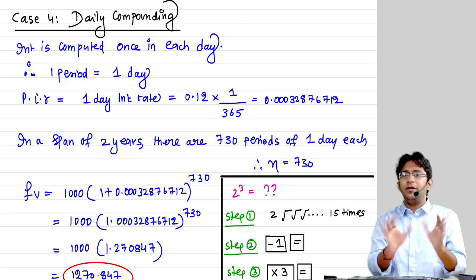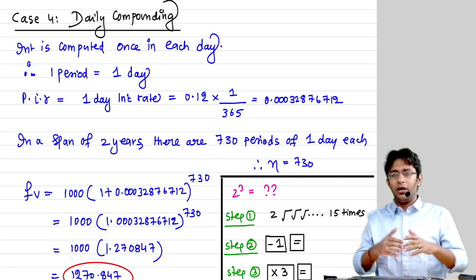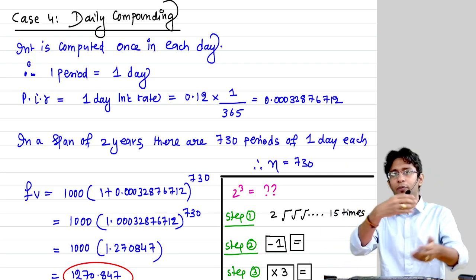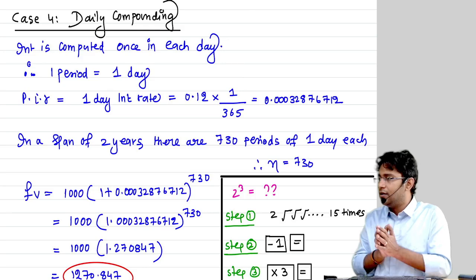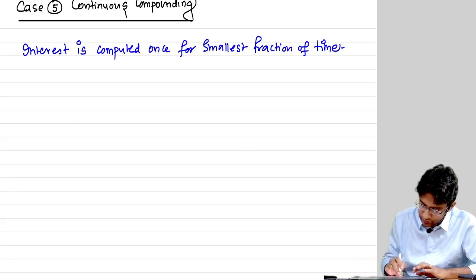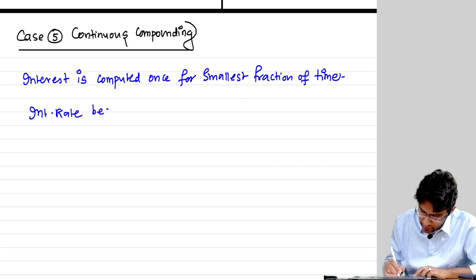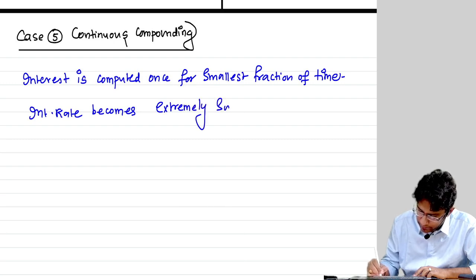Continuously means the gap is not there. It's like a tap of water, a torrent flows like that. Continuously interest is computed, added, again computed, again invested, like that. So because of this, what will happen is, interest rate becomes extremely small, near to 0.